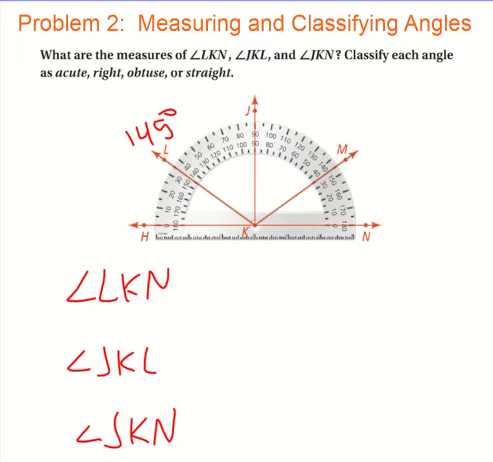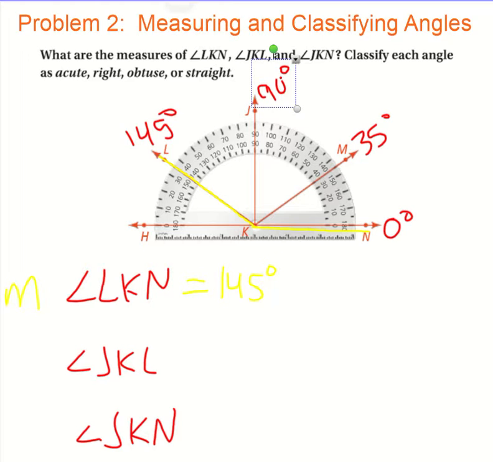Looks like J is at 90 degrees. M is at 35 degrees. N is at 0 degrees. So if we're finding angle LKN, well, if we start from 0 to 145, we would say the measure of angle LKN equals 145 degrees.